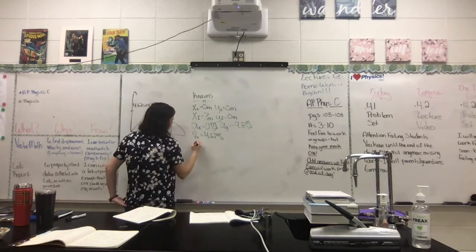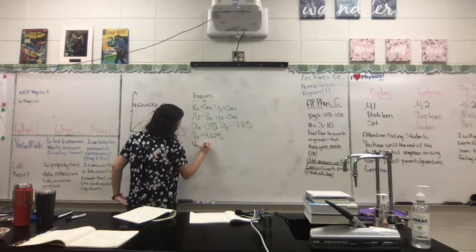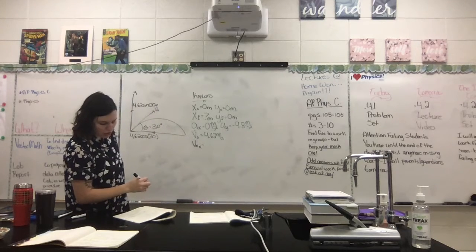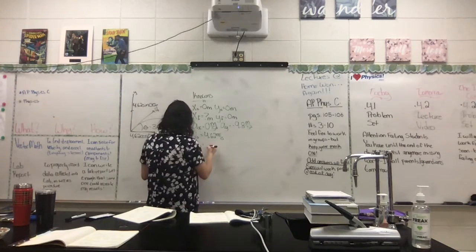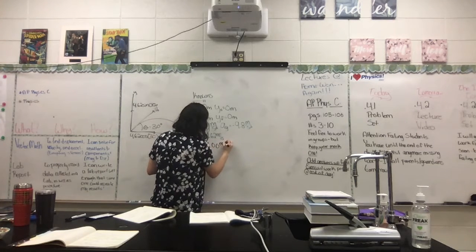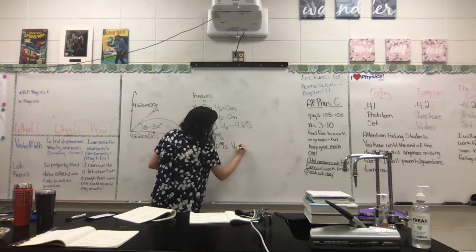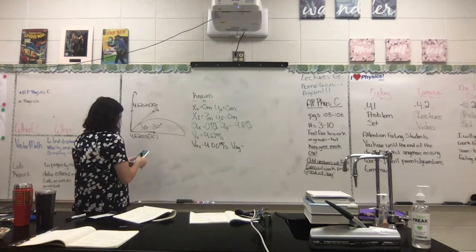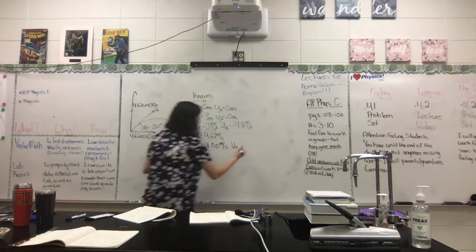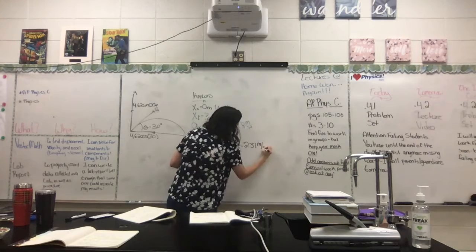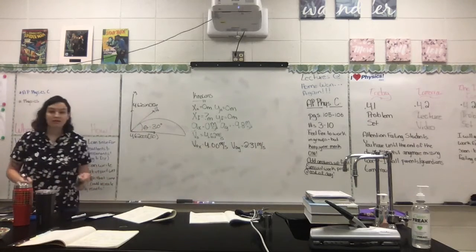So that means that our V naught x is going to be equal to 4.00 meters per second, and our V naught y is going to be equal to 2.31 meters per second.